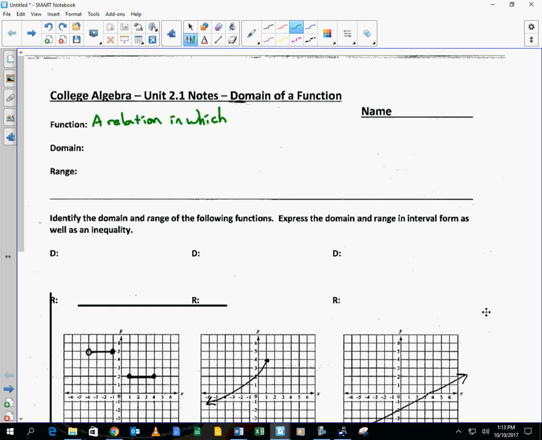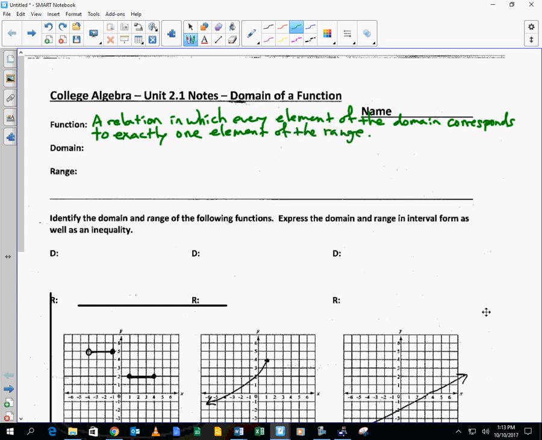Very good. A relation in which every element of the domain corresponds to exactly one element of the range.